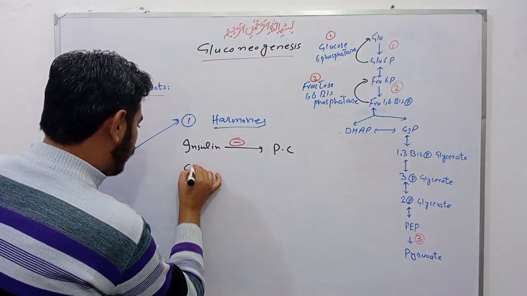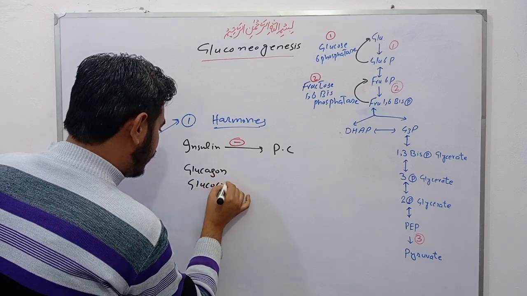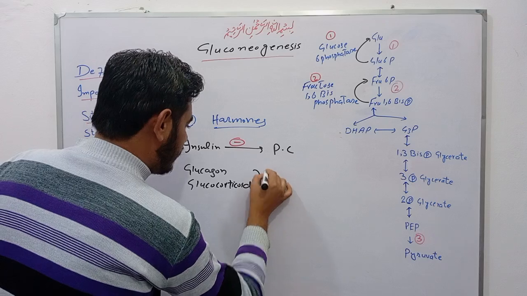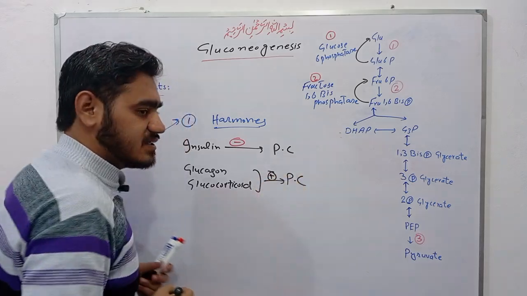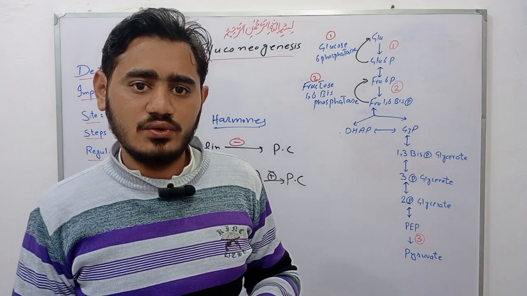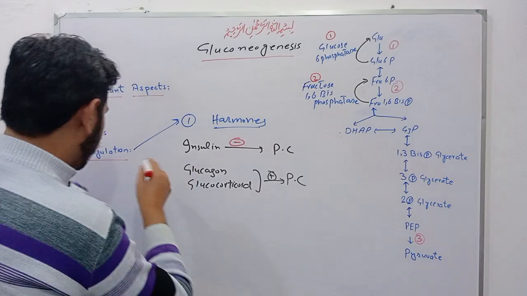Second one is glucagon and glucocorticoid. They favor the pyruvate carboxylase enzyme. They activate pyruvate carboxylase enzyme. In this way they favor the gluconeogenesis process. This is the first way.